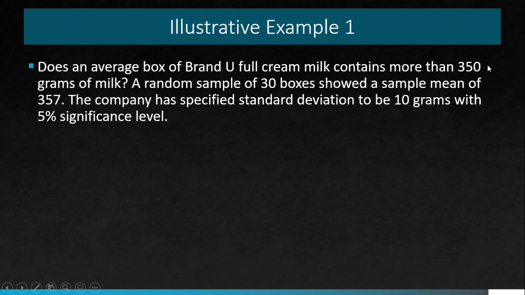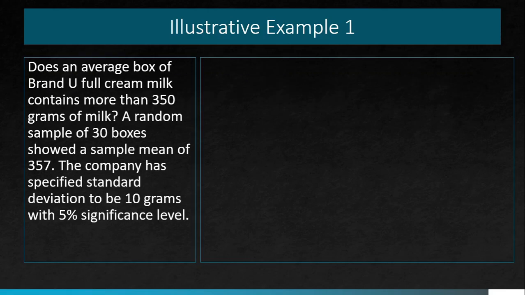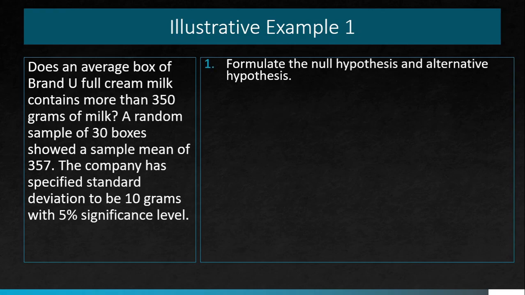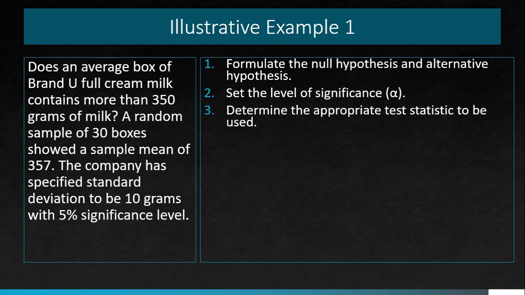For us to determine whether there's a significant difference between your sample and your population, we will go back to the 7 steps. First, we will formulate our null and alternative hypothesis. Second, we will set the level of significance. Third, we will determine the appropriate test statistic to be used.